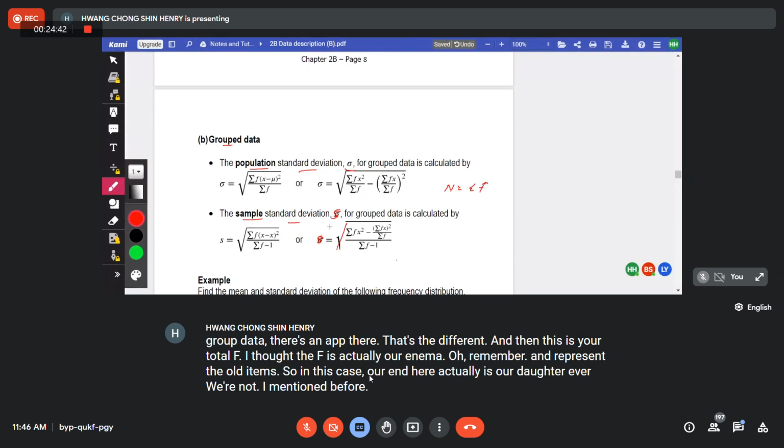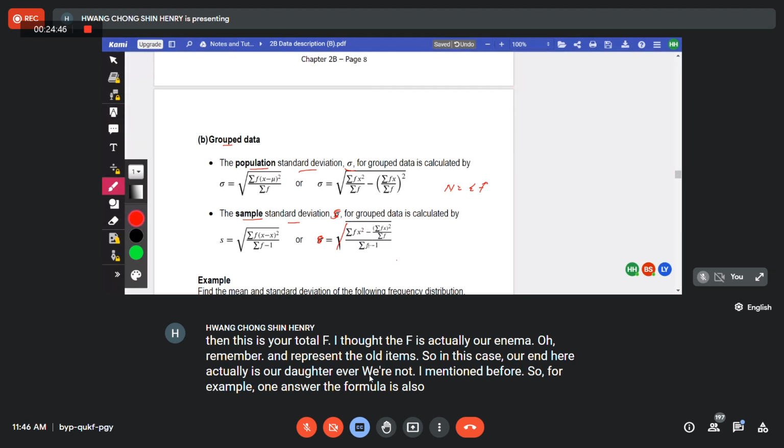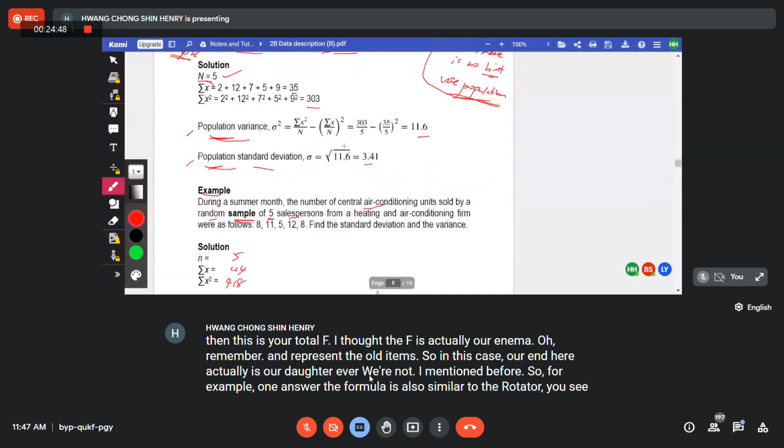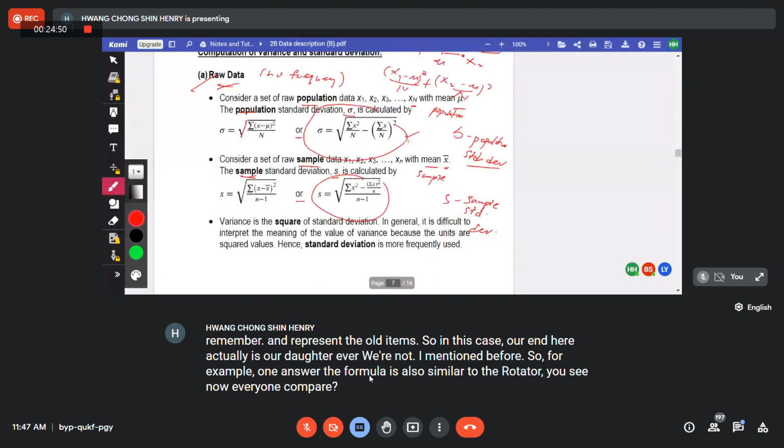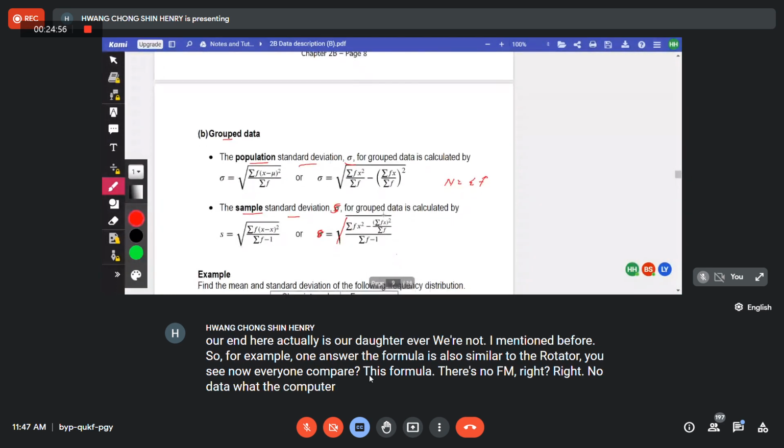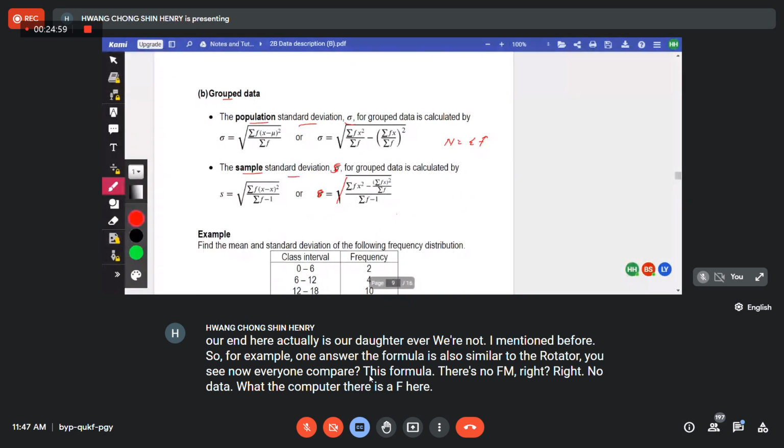So for the sample one, S, the formula is also similar to the raw data. You see now, everyone compare this formula, there's no F, right? Raw data, but the group data, there is an F here. So again, this one, N minus 1.